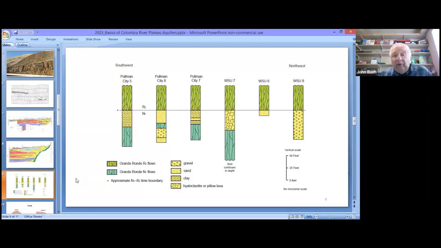And it's important because I believe most modelers, most people trying to come up with a number for how much water we have, have overlooked this role, particularly in Moscow and Pullman. I was alerted to this by a man named Light, L-I-T-E, in a 2013 article in a Basalt Symposium volume.